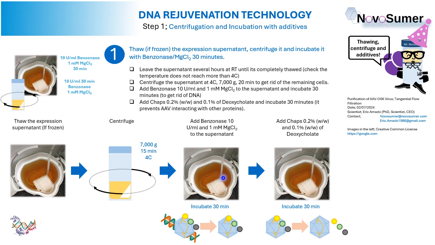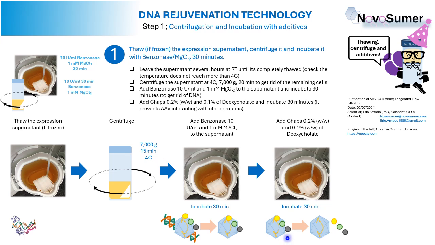Okay, so let's go for the final sub-step in this step, which is adding detergents. These detergents are CHAPS at 0.2% and deoxycholate at 0.1%. Okay, these are detergents. And what happens with these detergents? One of the properties of the EVOs is that the surface may be a little bit hydrophobic.